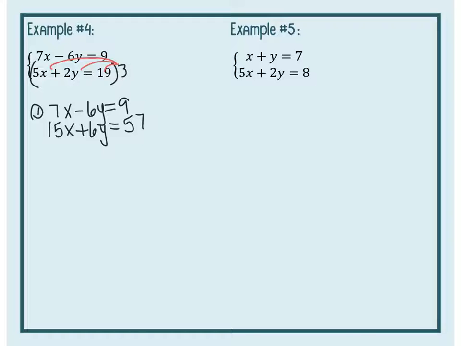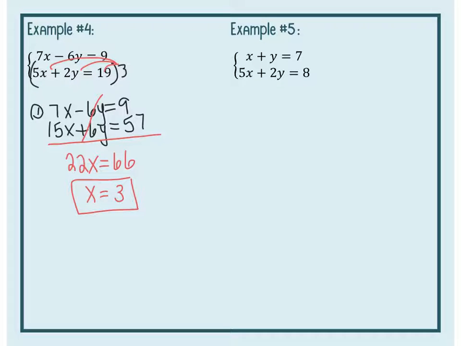So what I did there is now I created the same number but different signs. Now I can add them going straight down. So negative 6y plus 6y is no longer there. I have 22x equals 66. Divide by 22, I get x equals 3.